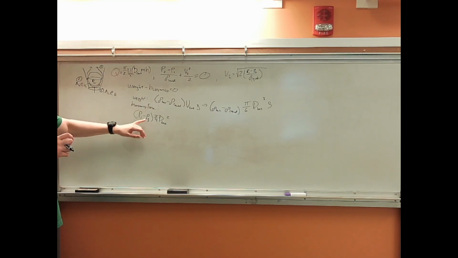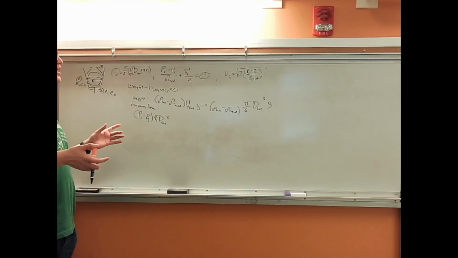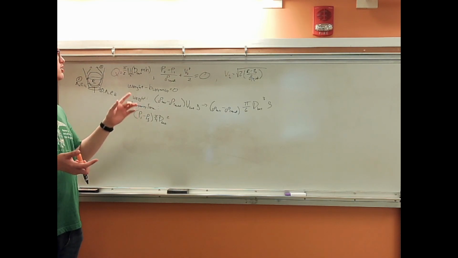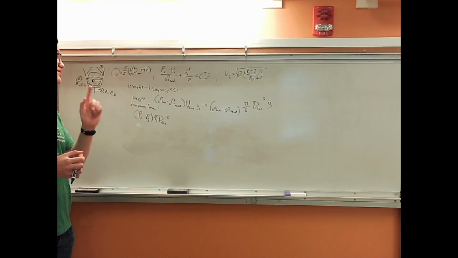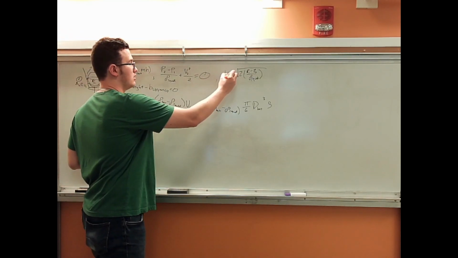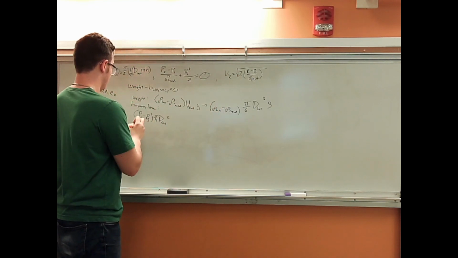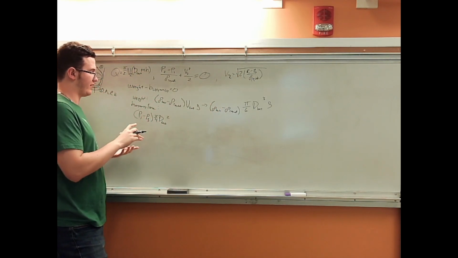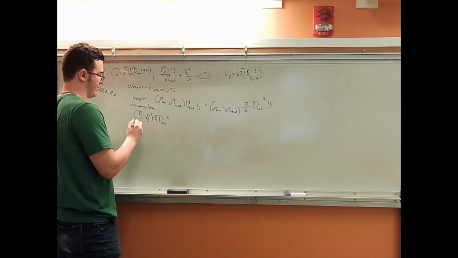Now, this equation is useful, but P3 doesn't show up anywhere else in this, so it's not really useful for us. P2 does show up, and we do want it to cancel over here in this V2. So now we have to figure out a way to equate P1, P2, and P3.